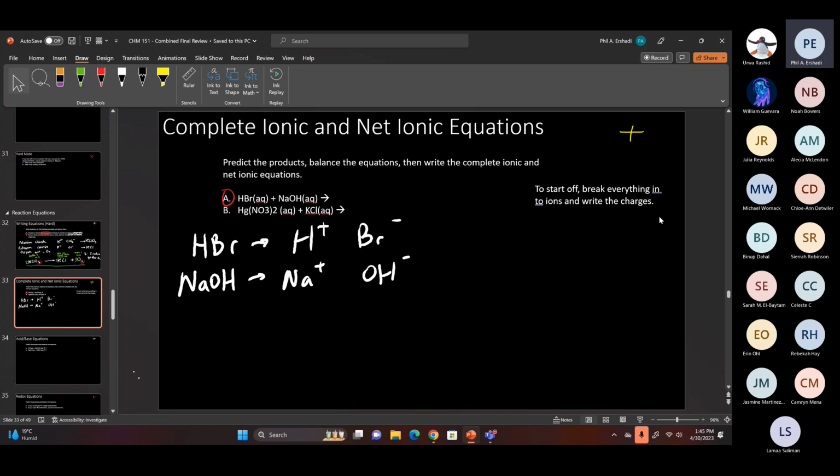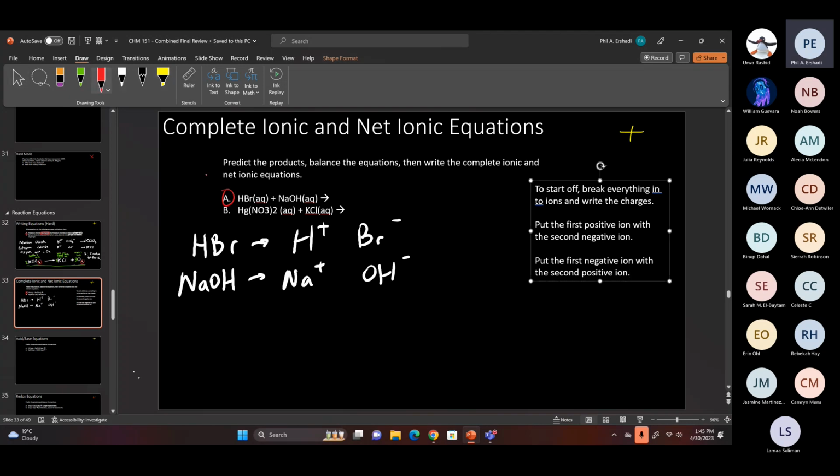Now, once we've done that, we're going to put the first positive ion with the second negative ion, and then also put the first negative ion with the second positive ion.